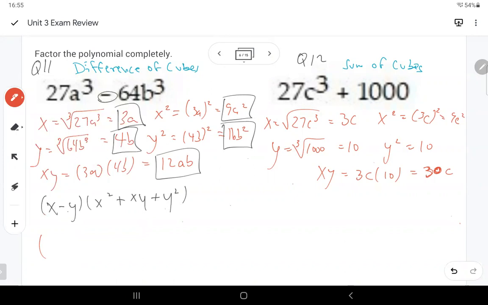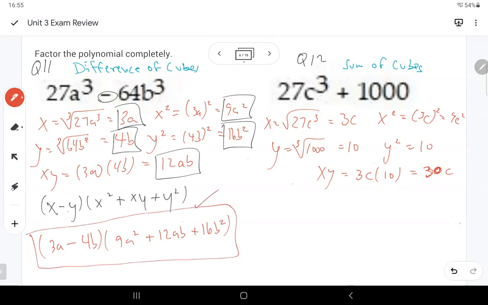Okay. So 3a minus 4b, 9a squared plus 12ab plus 16b squared. That's it. That's all she wrote for that one.